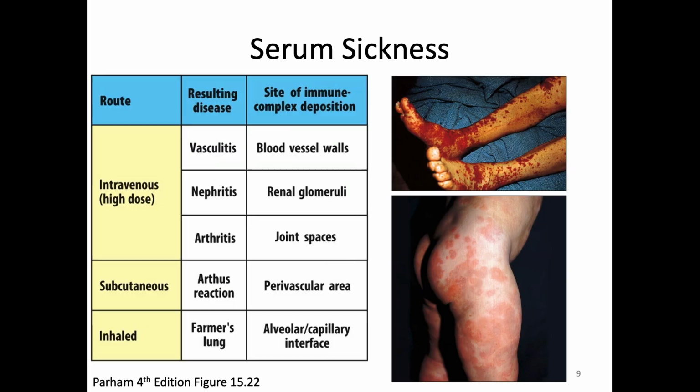So typically, we can actually have slightly different things happening with serum sickness, particularly as we're doing an intravenous inoculation of the antigen, where we'll start to see disease of the blood vessel walls, glomeruli, and joint spaces. Sometimes if those immune complexes deposit in the skin, you can get reactions that look like the reactions shown here.